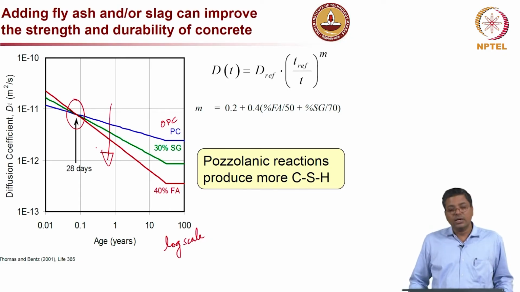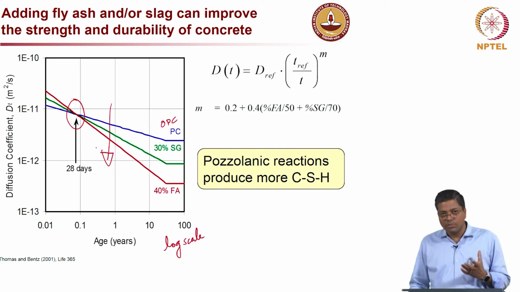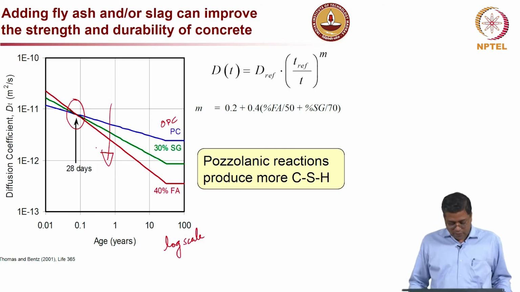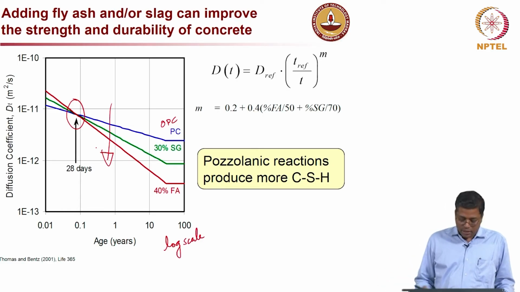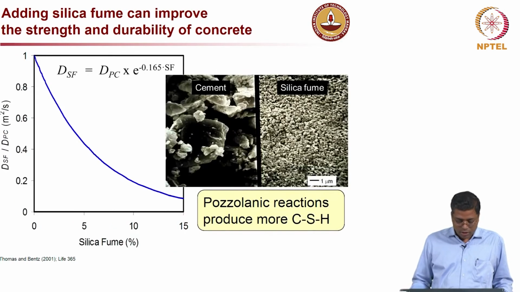So, definitely in the long run, because the concrete continues to hydrate and make more and more CSH, you get a more and more compact microstructure as time passes, which leads to a reduction in the rate of ingress of different elements into the concrete.